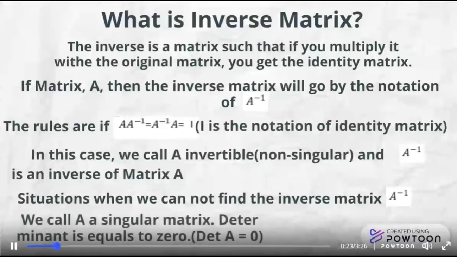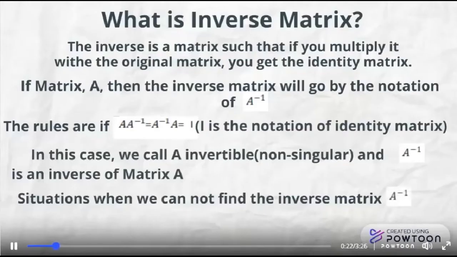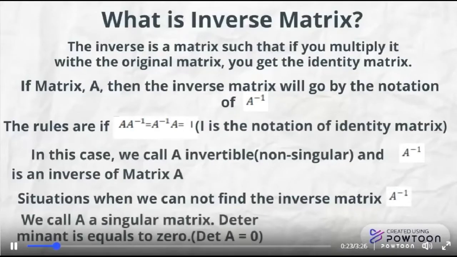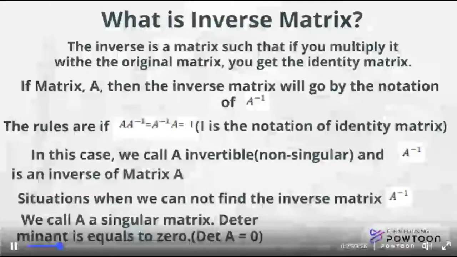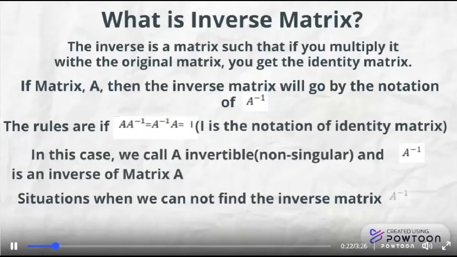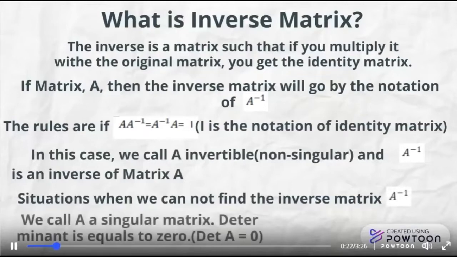The rules are that if the original matrix is multiplied by the inverse matrix, it equals the inverse matrix multiplied by the original matrix, which also equals the identity matrix, which goes by the notation of I. In this case, we call A invertible, which is non-singular, and A to the power of minus 1 is an inverse of matrix A.